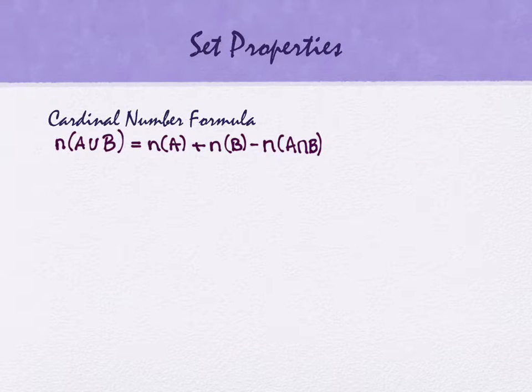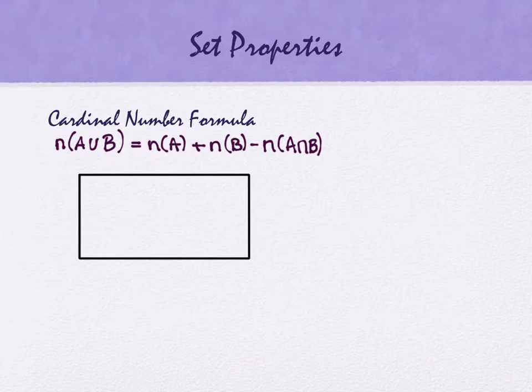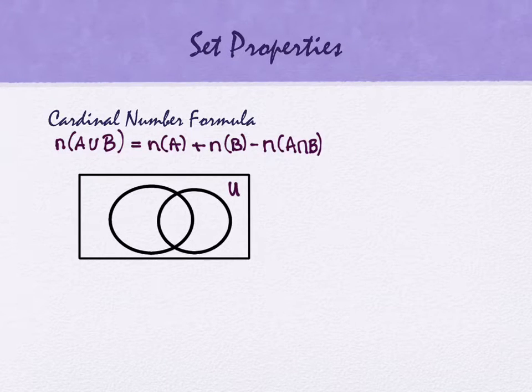And I want to justify for you why this works, or why it makes sense, with a Venn diagram. So here's our universal set in our rectangle. We have our two sets A and B. And if we were to count everything inside of circle A, and we'll do it kind of like a shading, okay?